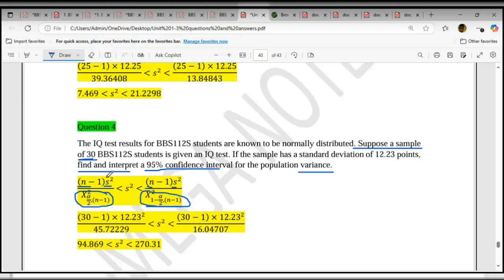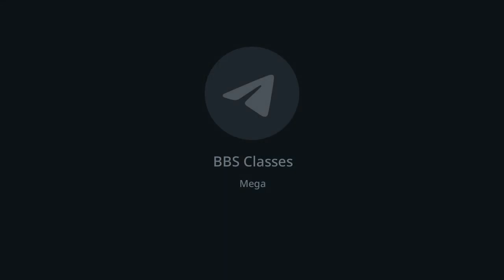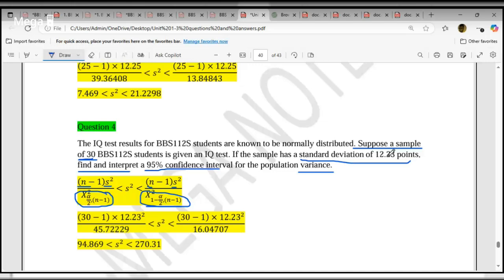Then the s squared, because it's n minus 1 times s squared, so the s squared is the variance. Now in this question, we are given the standard deviation. Remember, to get variance, you square the standard deviation. But if you are already given the variance, then you just plug it in.